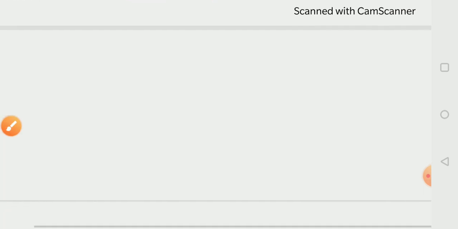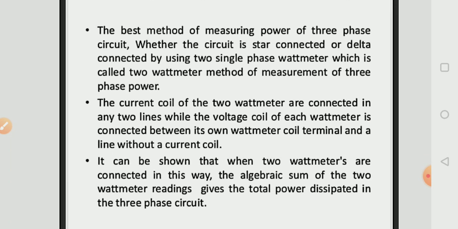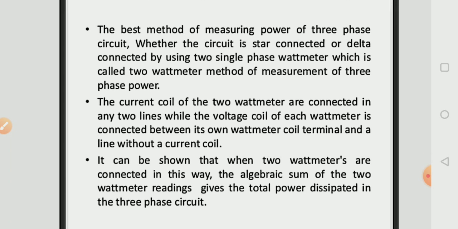This is the best way of measuring the power of a three-phase circuit, whether the circuit is star connected or delta connected, by using two single-phase wattmeters. It is called the two wattmeter method of measurement of three-phase power.